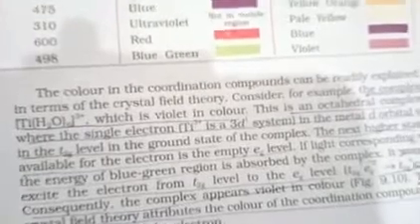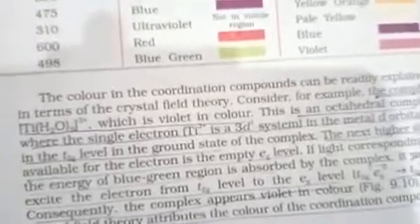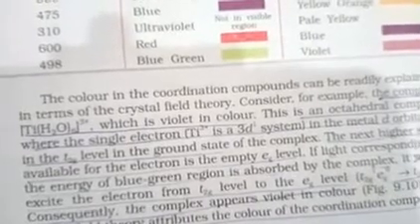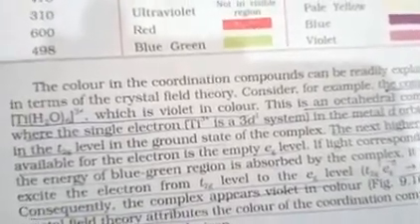This electron is in the t2g level in the ground state. The next higher stable energy state available for the electron is the eg level.